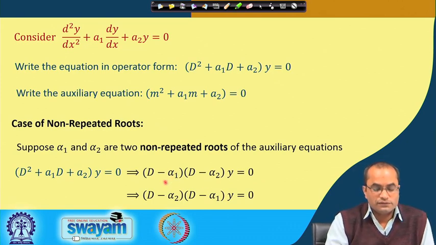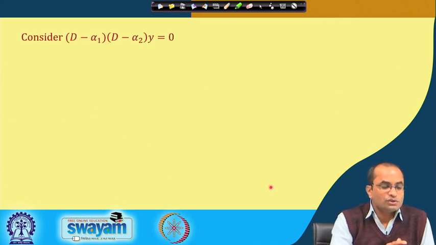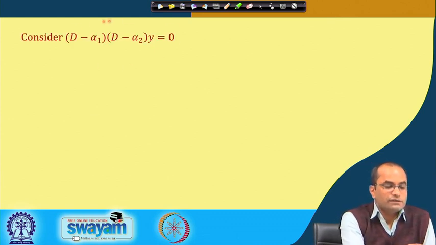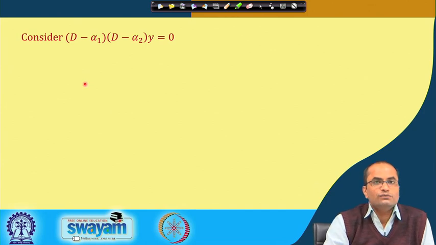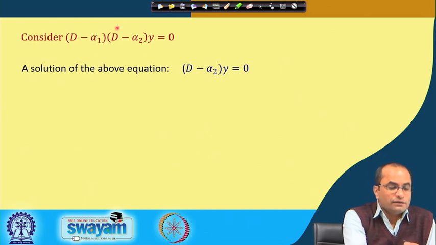This is again the observation from the last lecture, that the order of this product is immaterial. So, we can take D minus alpha 2 first and then D minus alpha 1 operated on y, which is equal to 0. So, we consider first D minus alpha 1 into D minus alpha 2 y is equal to 0.